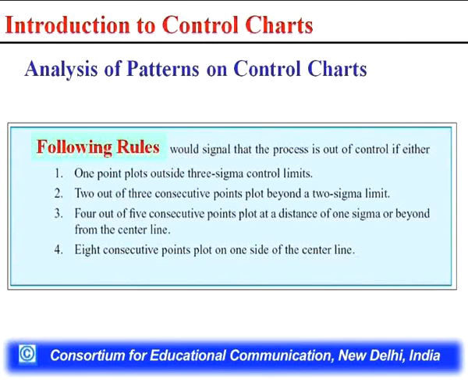If one point plots outside 3 sigma control limits, then we can say that the process is out of control. 2 out of 3 consecutive points plot beyond a 2 sigma limit, then it is also a point of concern. 4 out of 5 consecutive points plot at a distance of 1 sigma or beyond from the center line. This is also a point for concern. 8 consecutive points plot on one side of the center line. Again, this is a point for concern.